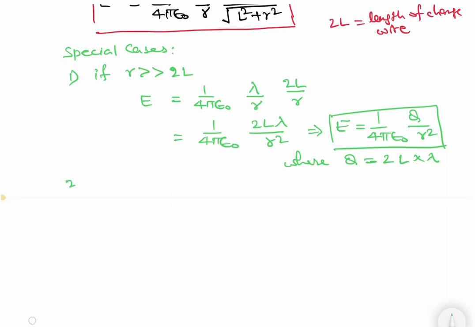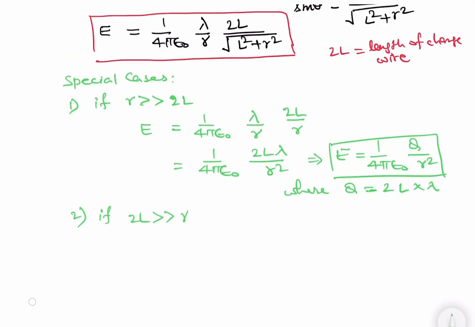Now case number 2. If the length of the wire is very much greater than this small r, that is, in the case of a charged rod of infinite length, then we can ignore the small r in comparison to the L. Then this equation gives 1 by 4 pi epsilon naught lambda by r, 2L by L, that is equal to 1 by 4 pi epsilon naught 2 lambda by r.